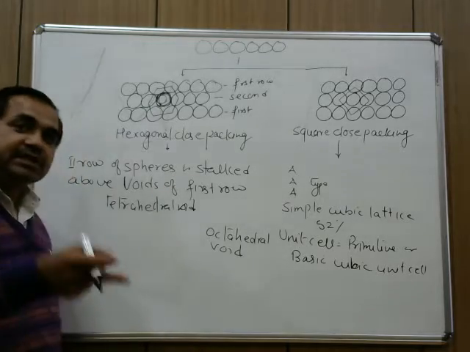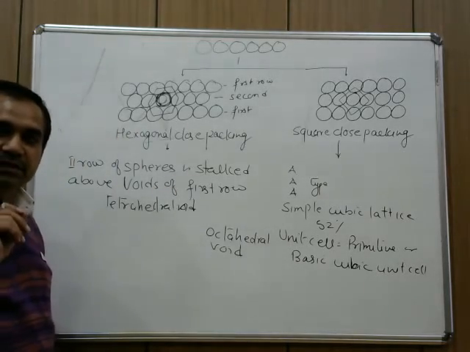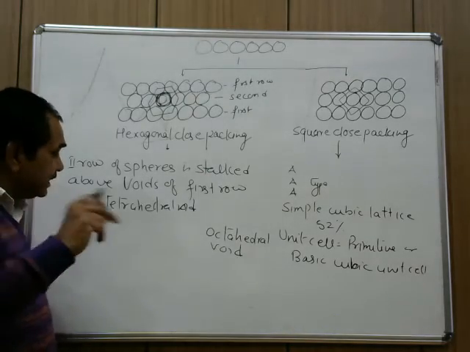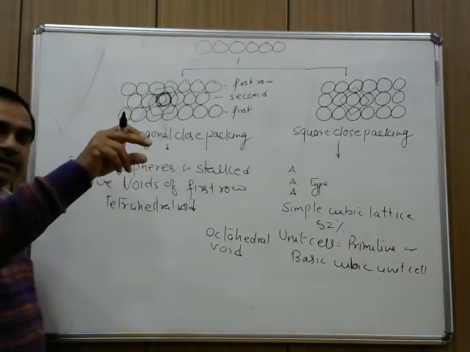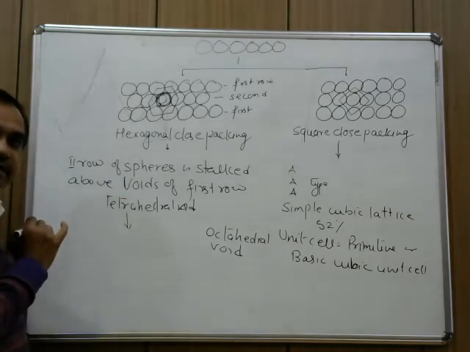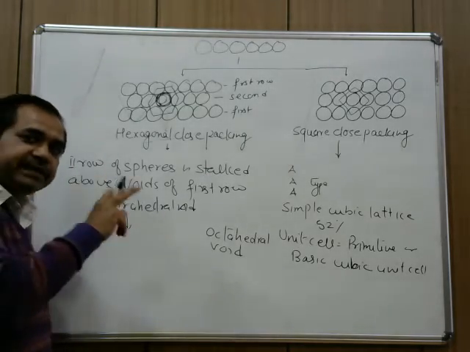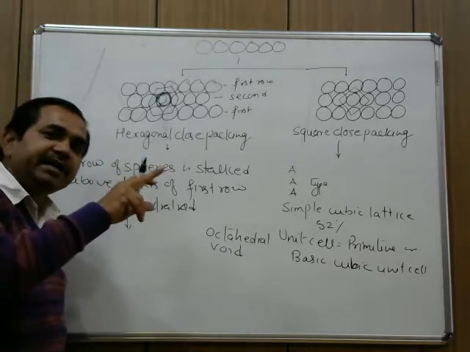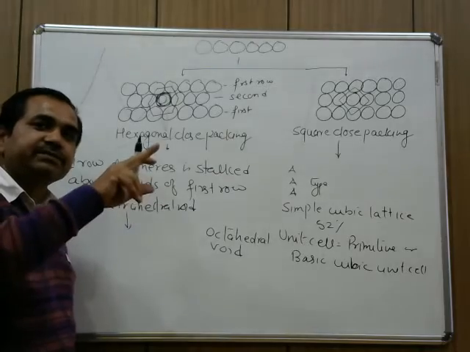So once it comes to the third row, if the third row is started by covering the tetrahedral voids, then the spheres of the third row are in alignment with the spheres of the first row.